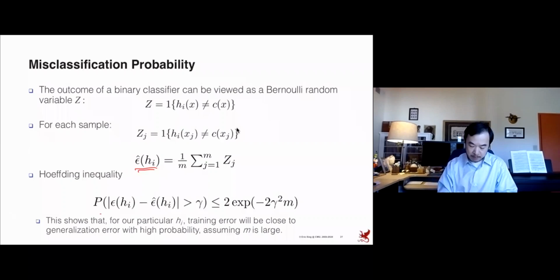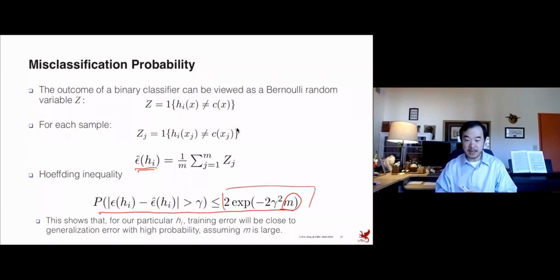So we can basically say the following, that the probability of a sample estimation of the classification error being away from the true error of this hypothesis, by a distance greater than gamma will be small. It will be upper bounded by this term. Okay, basically says that having a bad estimator is going to be having small probability if your M, for example, is large enough. Okay, same thing. All right.